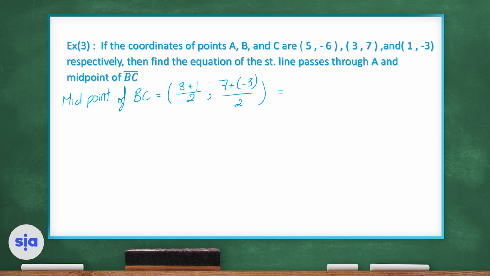Again, I'm reminding you to find the midpoint: the x's plus each other over 2, and the y's plus each other over 2. So in this case, the coordinates of the midpoint of BC are (2, 2).